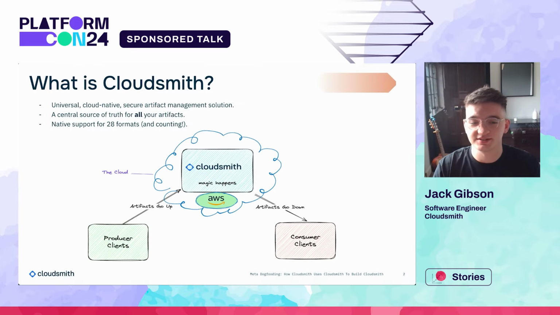Well, before telling the story, we have to set some context and explain at a high level what problem Cloudsmith is trying to solve. Our catchline is that we are a universal, cloud-native, secure artifact management solution, really a central source of truth for all your artifacts within your builds, whether that be in development or production.